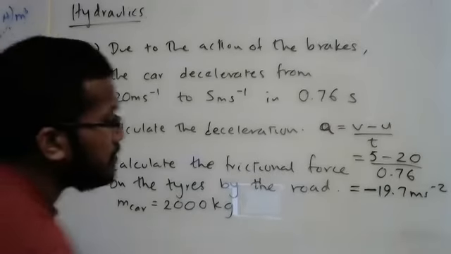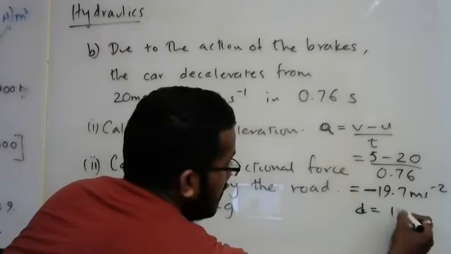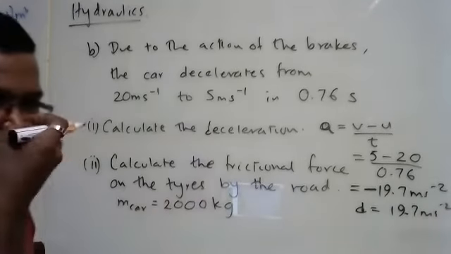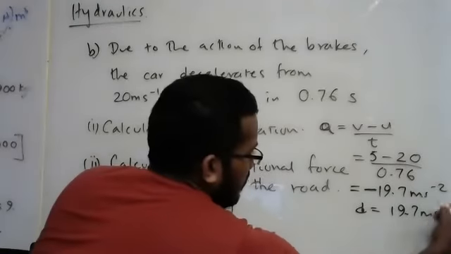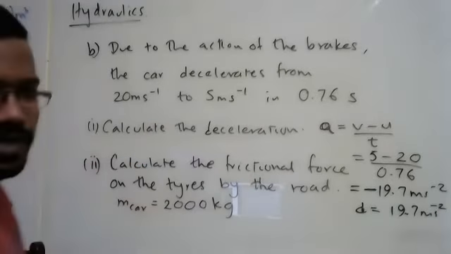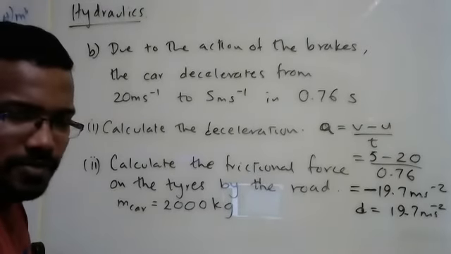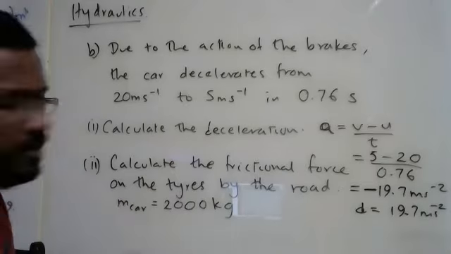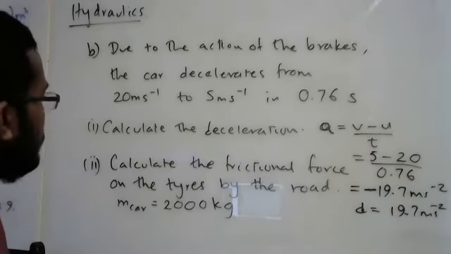So deceleration equals 19.7 meters per second squared. Nothing to worry about. Even though I'm trying to teach you about vectors, even if you put minus, they won't cut marks.